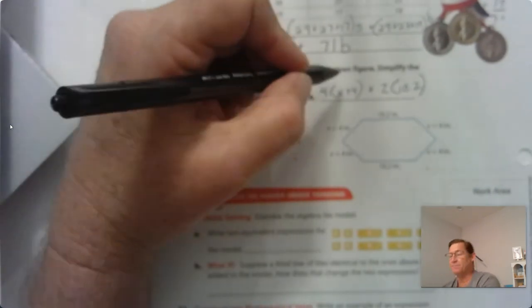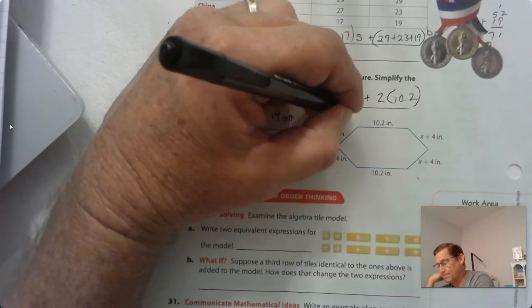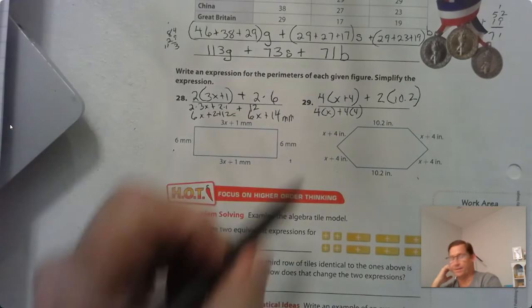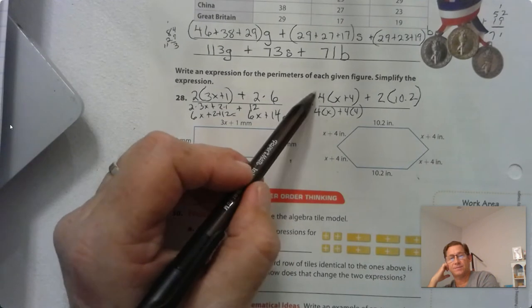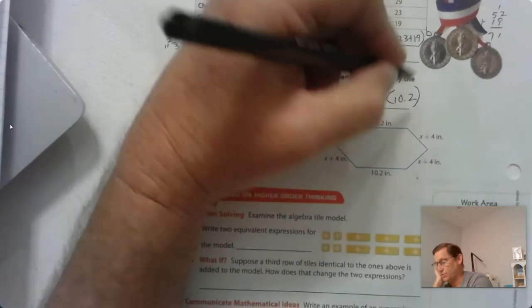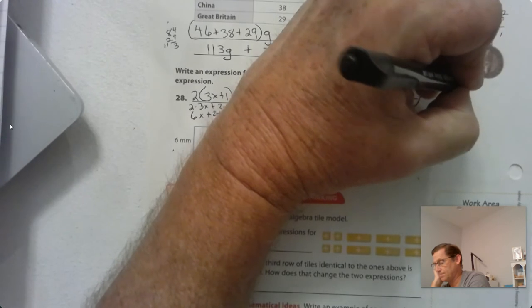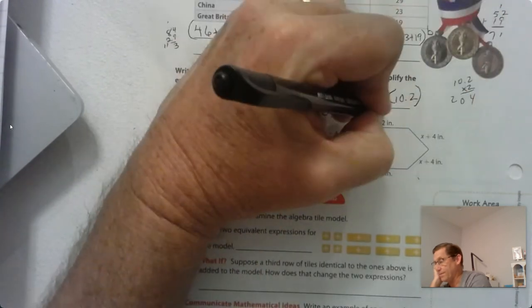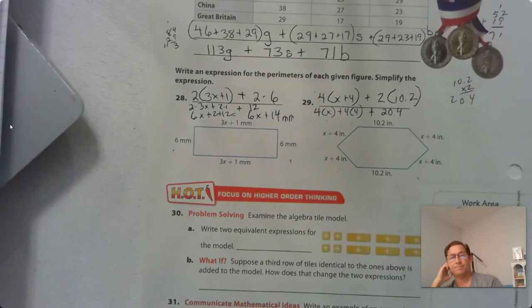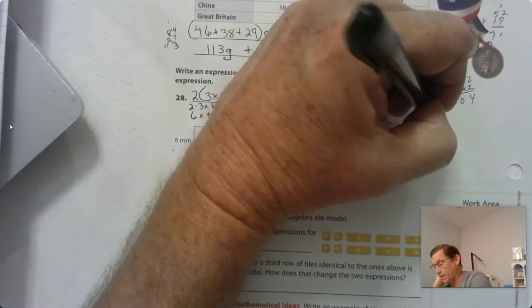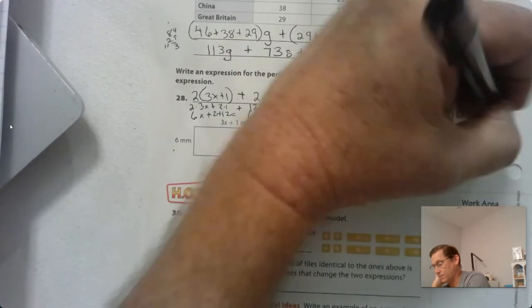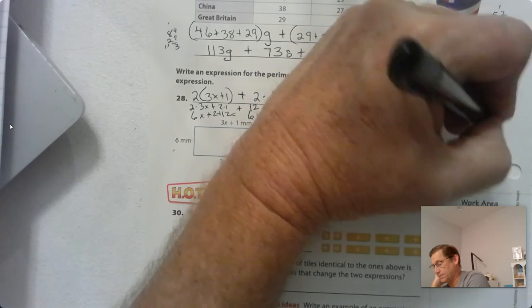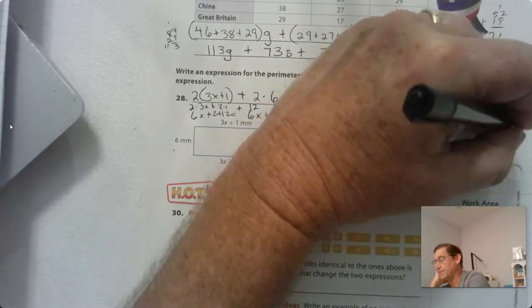All right, so 4 times the sum of x plus 4 is the same as 4 times x plus 4 times 4, plus 2 times 10.2, 20.4. All right, simplify. So we have 4x plus 16 plus 20.4. That equals 4x plus 36.4 inches.